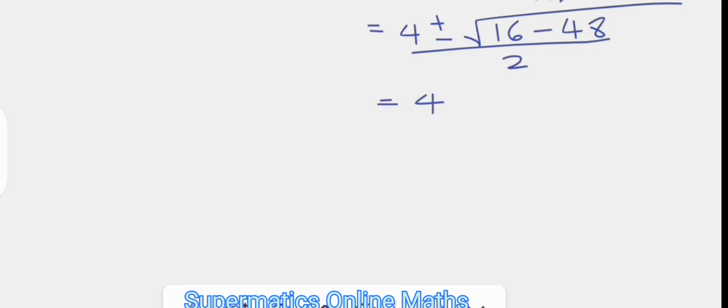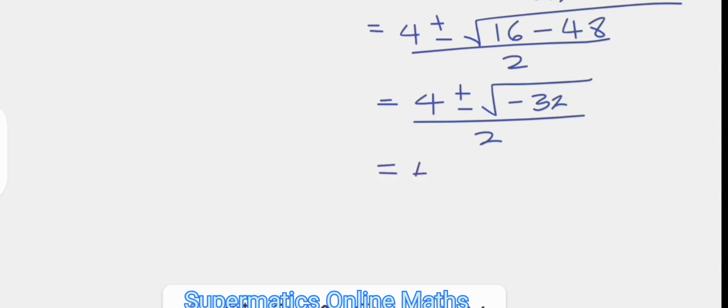That is, we have 4 plus or minus the square root of negative 32 over 2. This is 4 plus or minus 4i root 2 over 2.